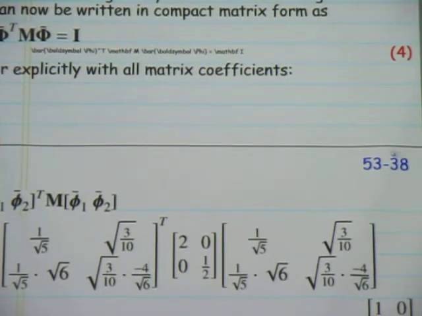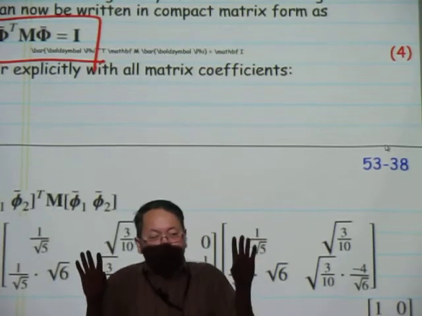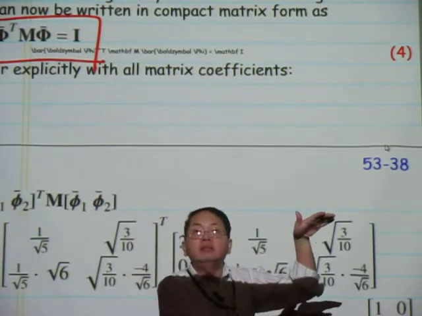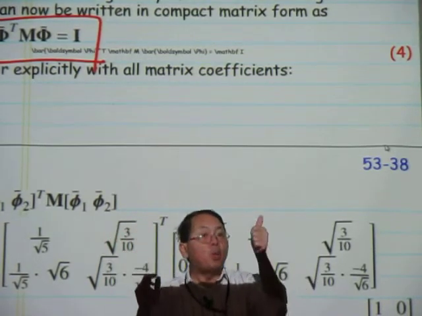And now let me motivate why you want to normalize the eigenvectors with respect to the mass: so that when you uncouple the equations of motion, the coefficient for the acceleration would be 1.